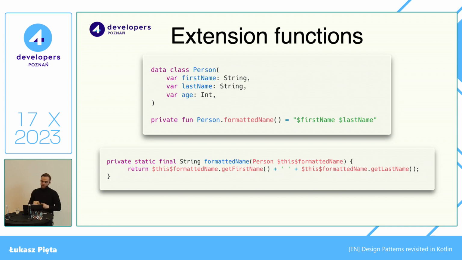Using an extension function can also be dangerous, because when you don't make it private by default, it can be really painful to your API, because when you have so many methods on some class, you probably don't need them everywhere.